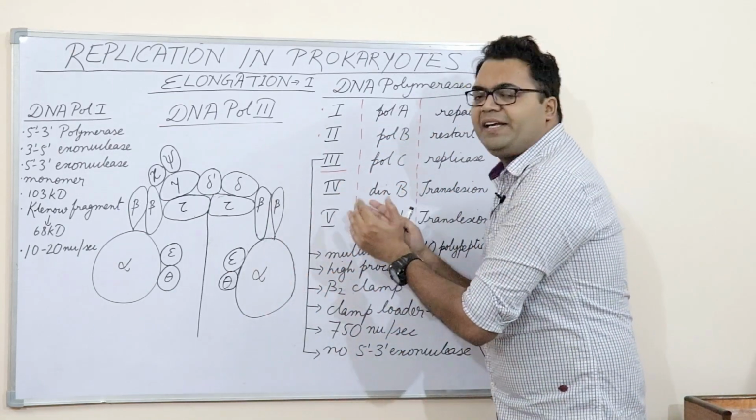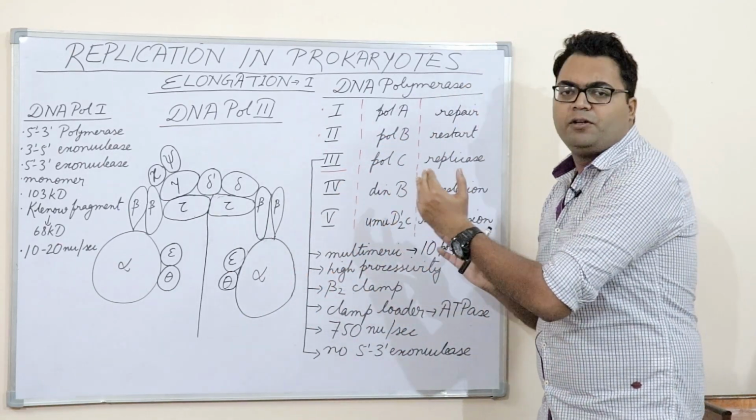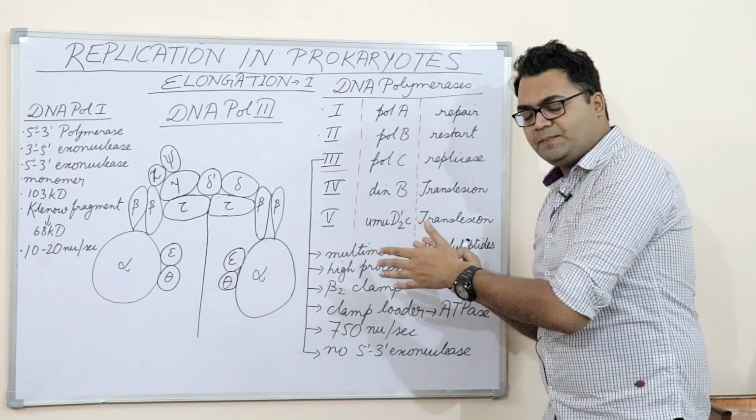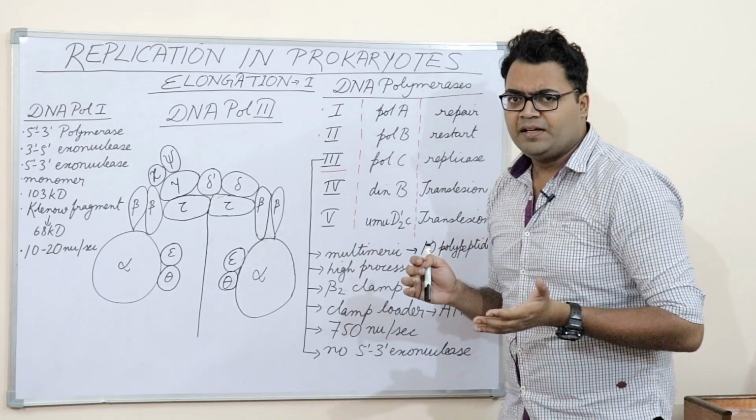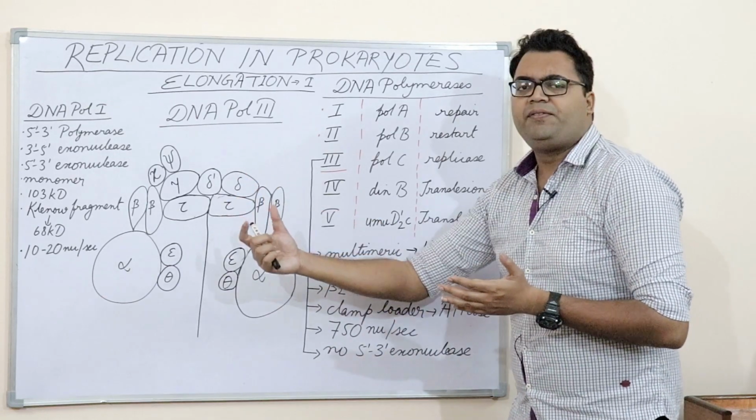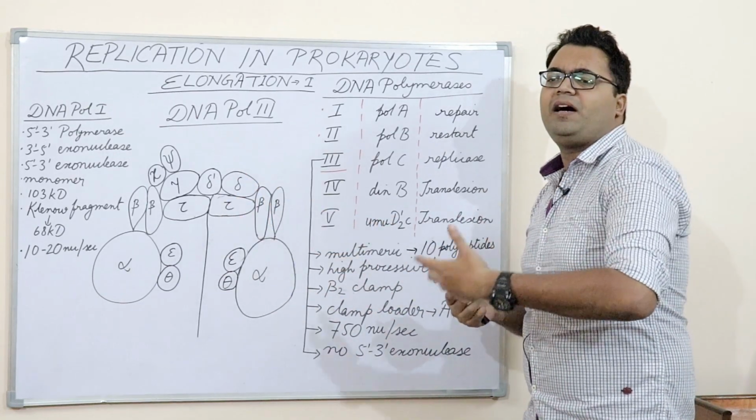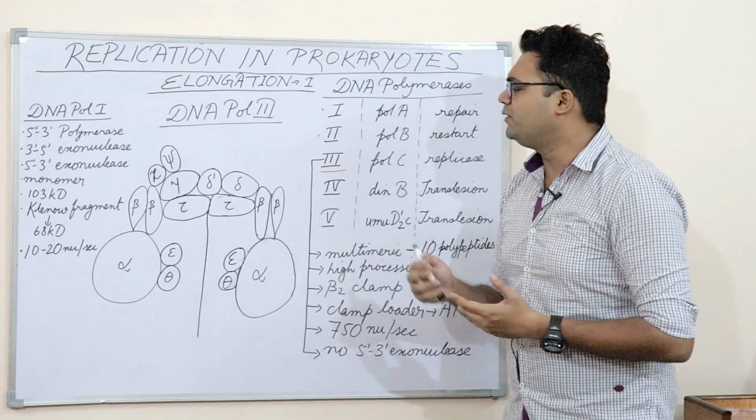Thereby DNA polymerase 3 can attain at least 750 nucleotides per second of speed, and it doesn't fall off after 750. It keeps on going and it falls off after many thousands of nucleotides.